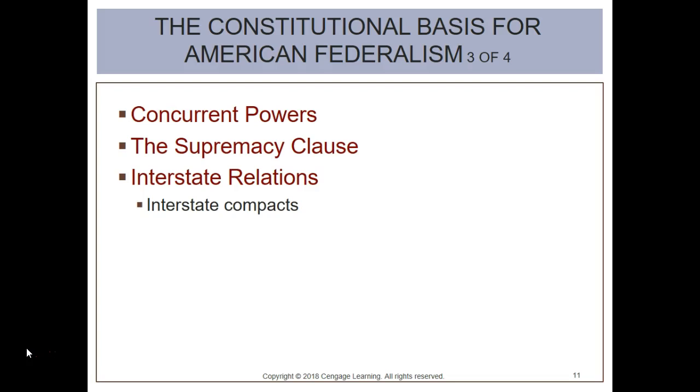We can also think about interstate relations. Interstate relations occur because states have common interests, basically, whether it be industry or commercial, anything of that nature. However, the Constitution does give some sort of guidance to that.